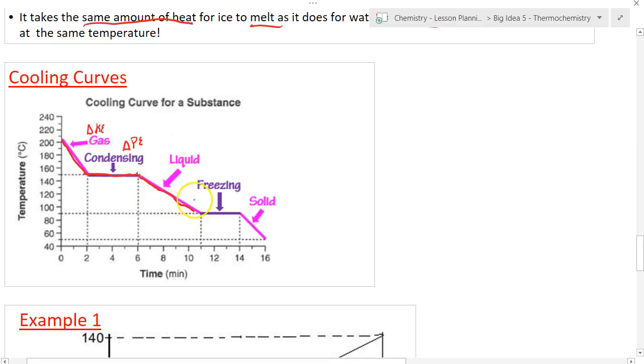So at all of our diagonal parts, we have solid, liquid, gas. Our plateaus are where we are changing state. So here we have freezing and condensing. That's where our delta PEs are as well. Our change in kinetic energy is when we have a specific state.